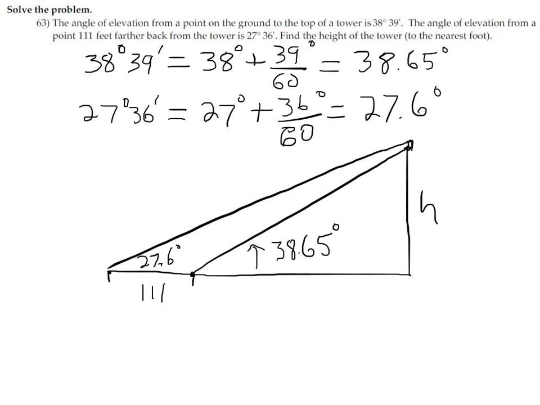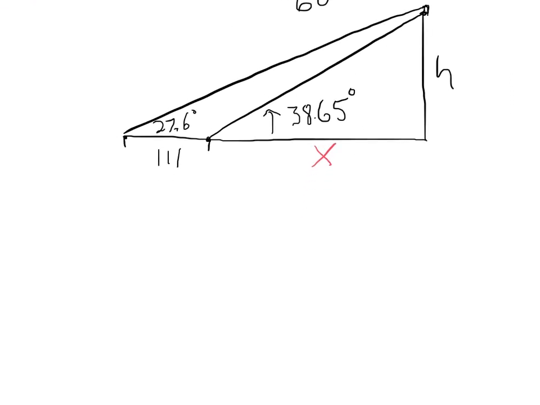And for this 38.65 degrees, the adjacent, we don't even have something there to call. So I'm going to make up a variable x right there. Now we can get a little more room, move that to the top. We can set up, first off, from the 38.65, tangent 38.65 degrees equals h over x.